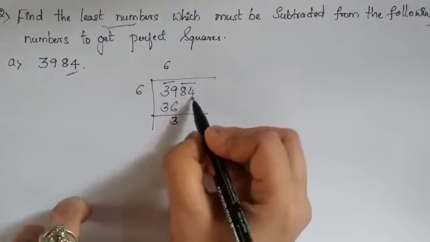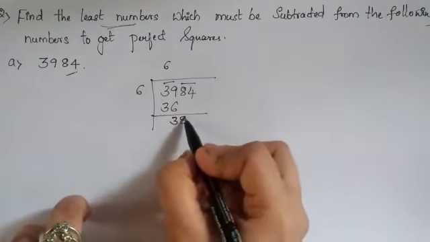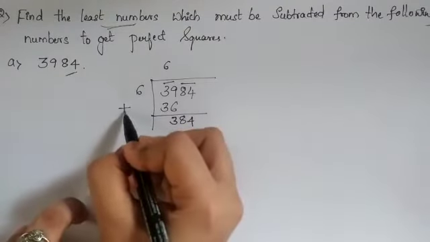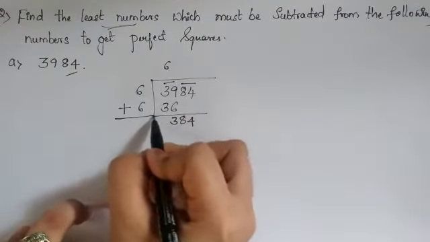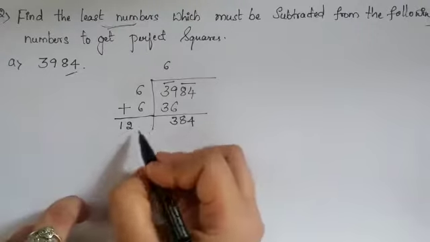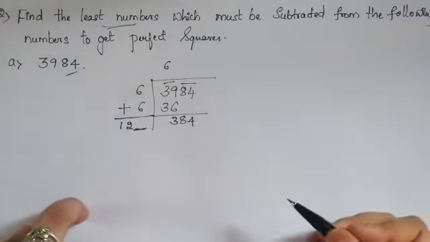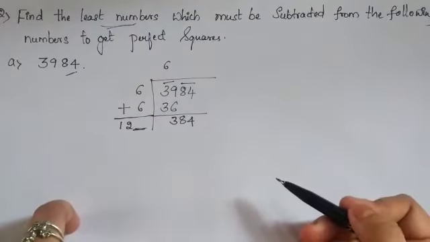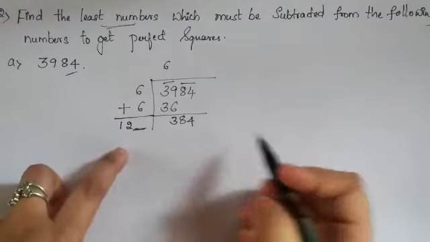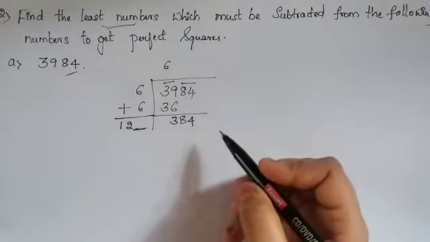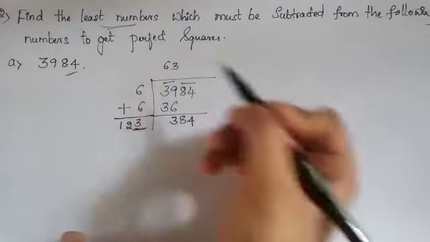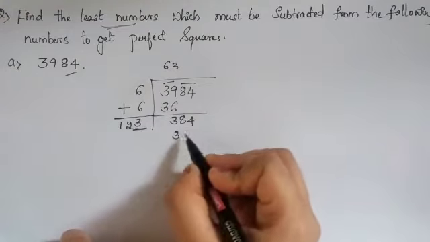So 84, if I take it down at a time, it becomes 384. Now I have to add 6 to this. So 6 plus 6, I'll get 12. Now the ones place digit is remaining. So 124 into 4 would give a greater number. 123 into 3, I'll get 369.